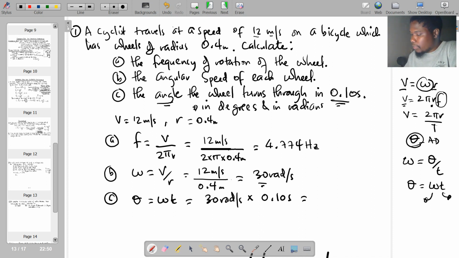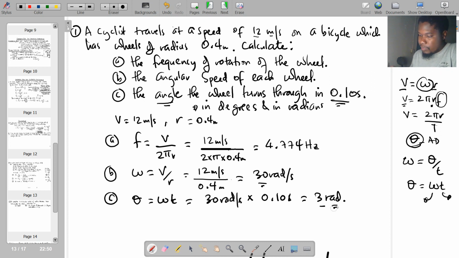When we do the calculation, it'll actually give us 3 times 0.1, so it will give us 3 radians. The seconds cancel out. Okay, 3 radians. That's the angular displacement that we're getting.